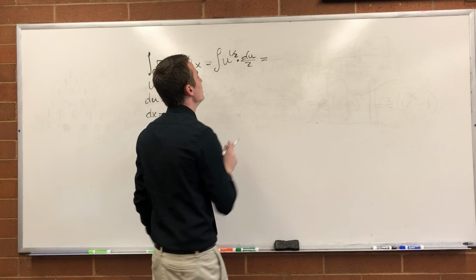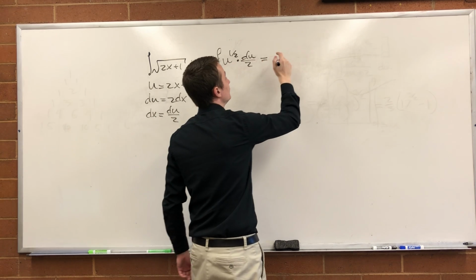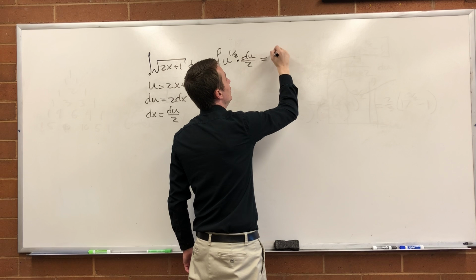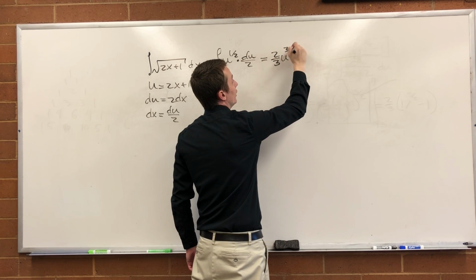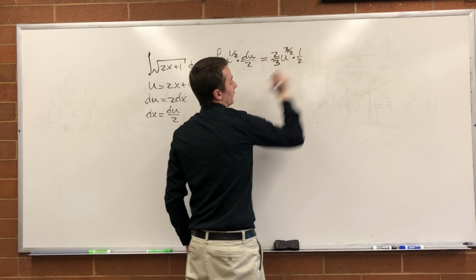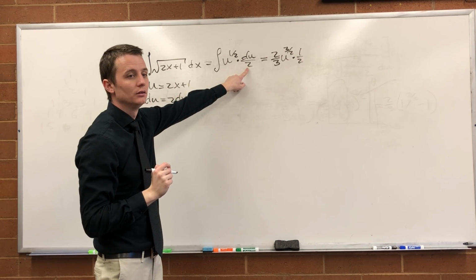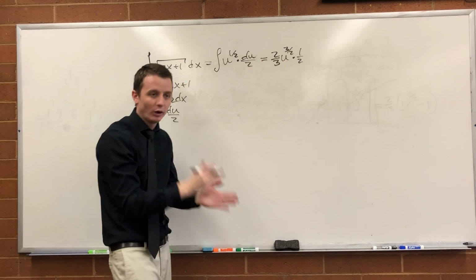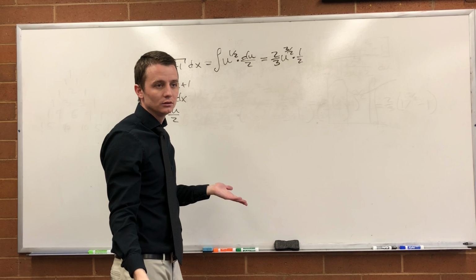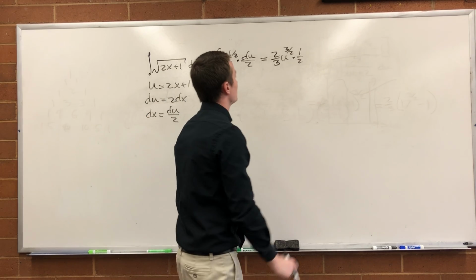But what's the integral of u to the 1/2? 2 over 3 u to the 3 over 2. And we still have our 1/2 in there, so it just turns into a coefficient. du over 2 is the same thing as 1/2 du. Okay, that makes sense.